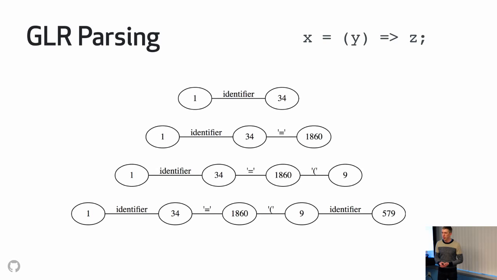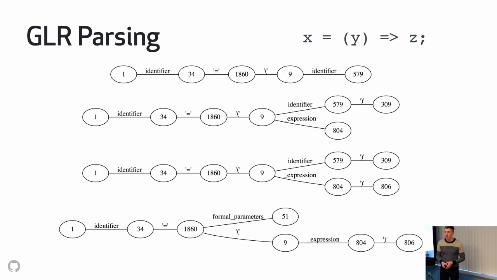And then you can see that it continues parsing with both branches for a few steps, but then when it gets to the arrow token, well, that wouldn't be valid after a parenthesized expression. So at that point, we can chop off one of the branches of the stack and then continue parsing using normal LR parsing. So the great thing about this is that, as I said, it lets us handle any context-free grammar.